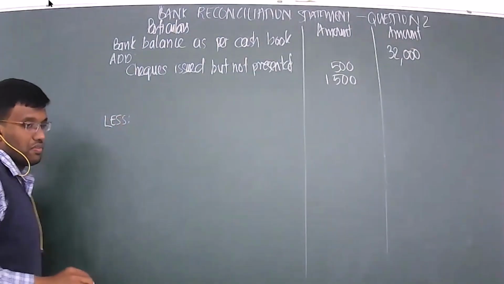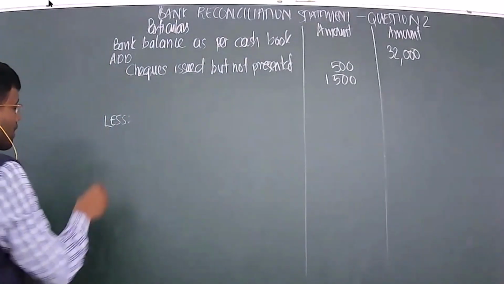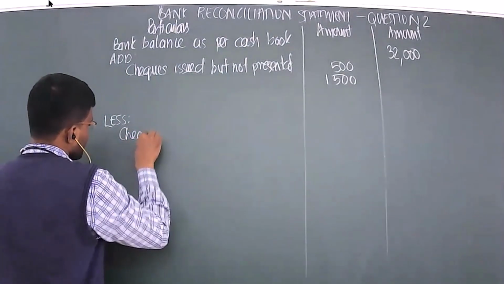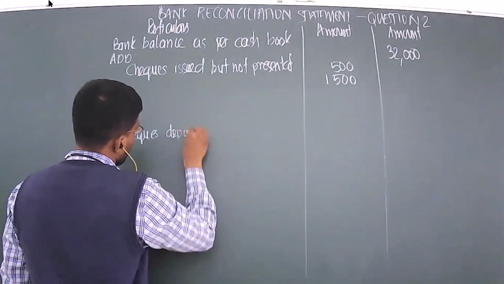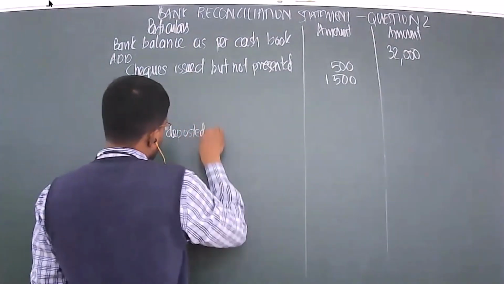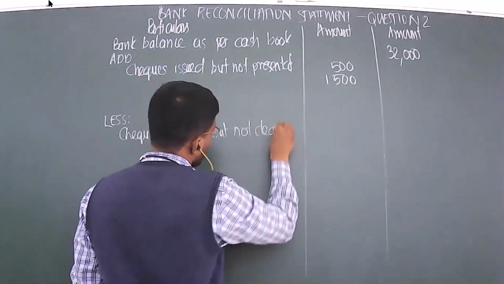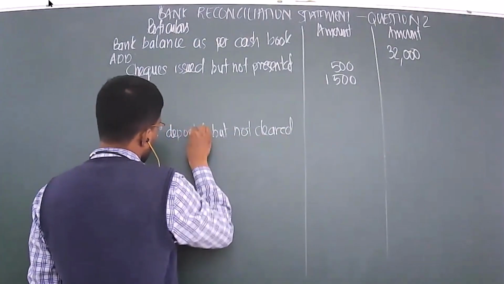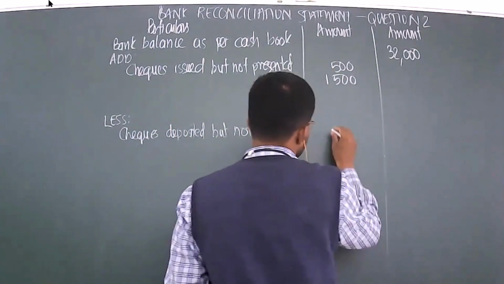So what are the transactions that we have to subtract? Checks deposited but not cleared. So here we have 2 checks like this.